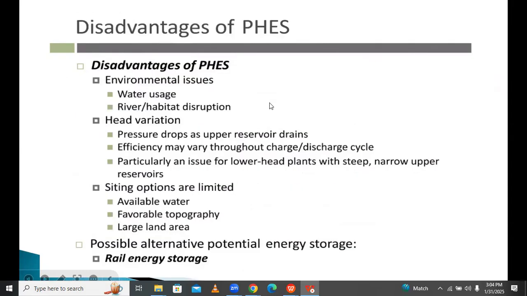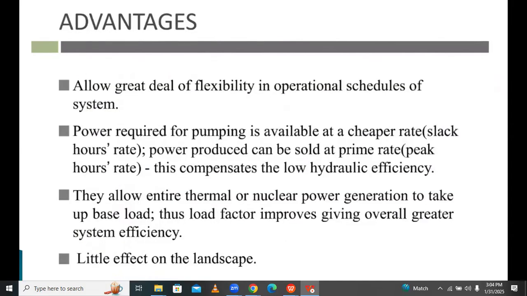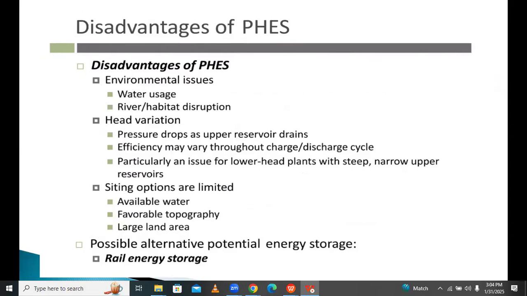So this is about the comparative system, and it also has some disadvantages. The first disadvantage is environmental issues like water use, river and habitat disruption. Head variations, with pressure drops in the upper reservoirs and drains, are also one of the disadvantages.